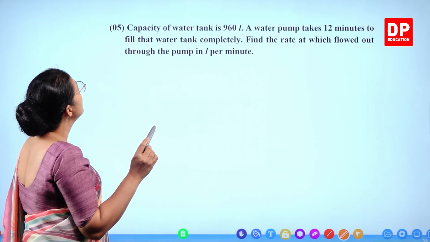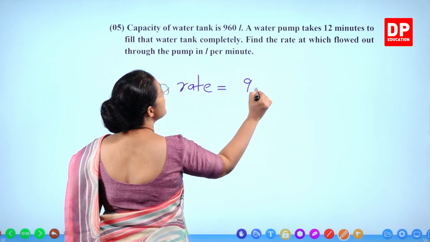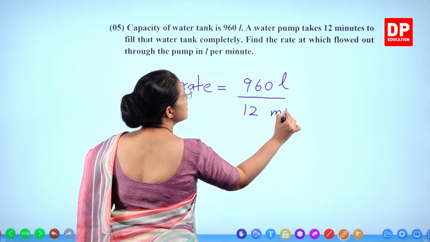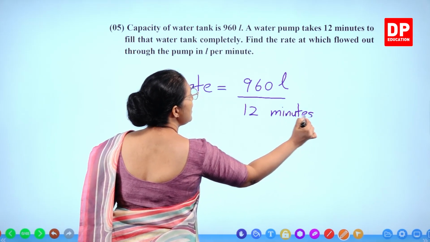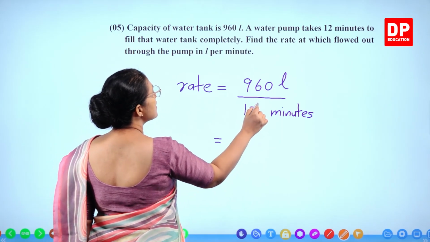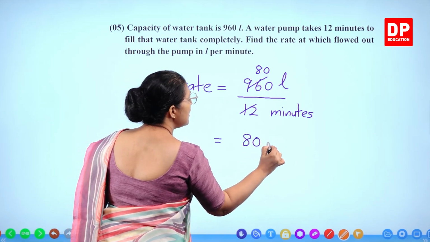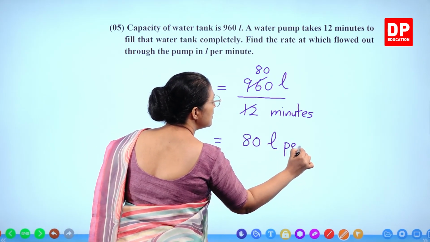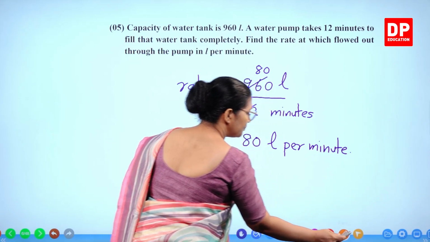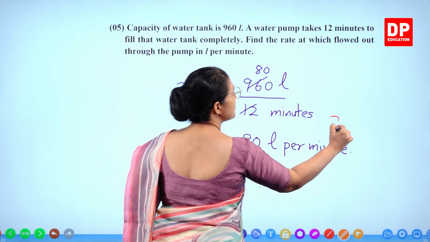So what is the rate? 960 liters per 12 minutes. Simplify: 12 times 8 is 96, so you get 80 liters per minute. You get 2 marks for that.